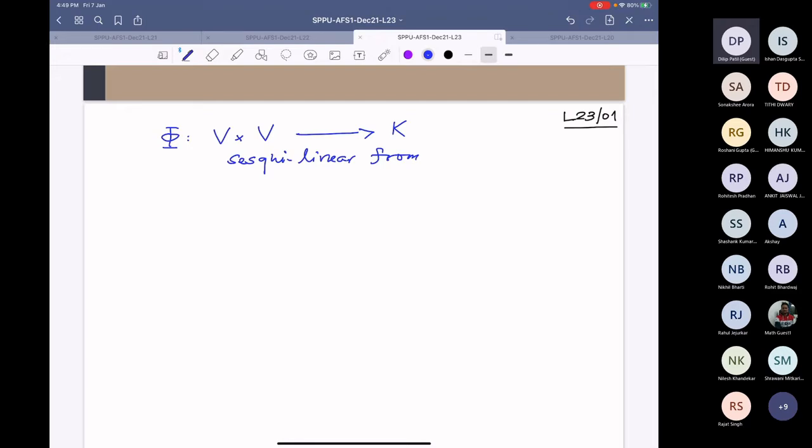That will lead us to the definition. I will take V to be finite dimensional.